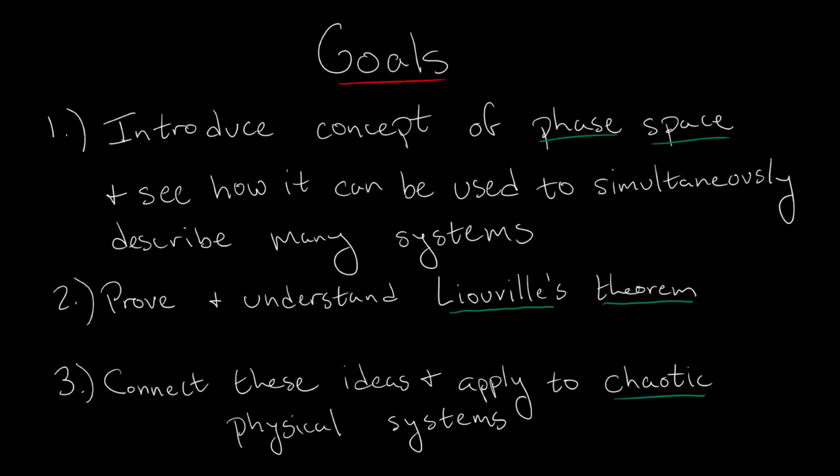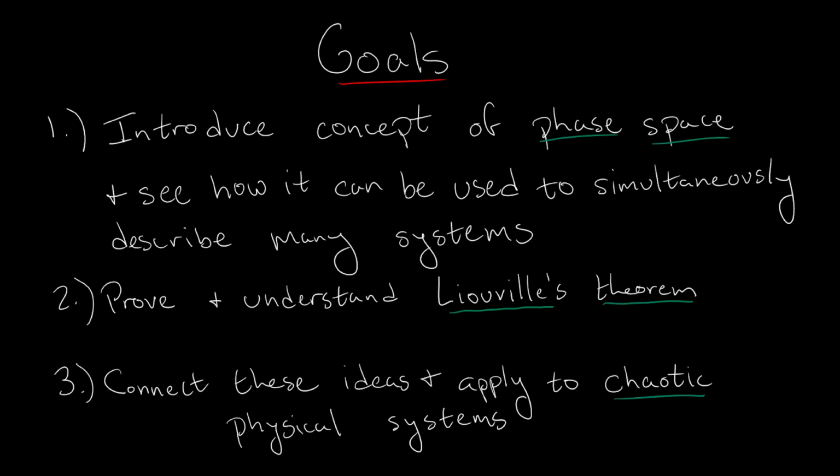After we talk about that, we're going to show Liouville's theorem, and then we're going to connect it all into a very interesting case of, as I'm sure people could guess, the infamous double pendulum, and see an example of what's known as chaos in physics and math.